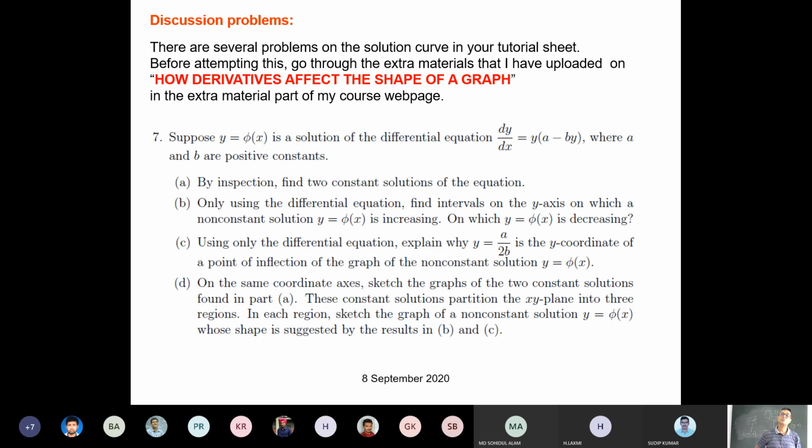It tells you how to interpret not only the graph of a single variable function, but also the graphs of its first and second order derivatives. So just by looking at the graphs of the first and second order derivatives, you can have some idea about the original solution.